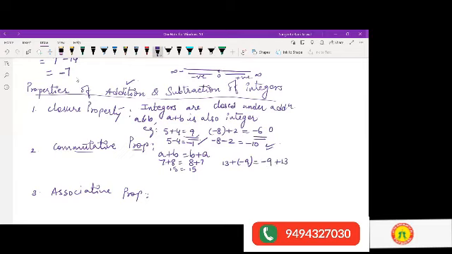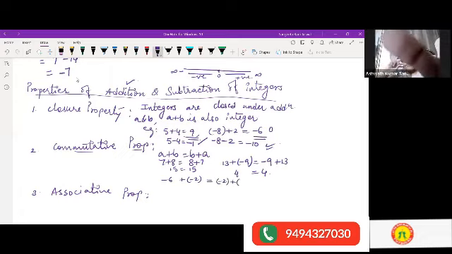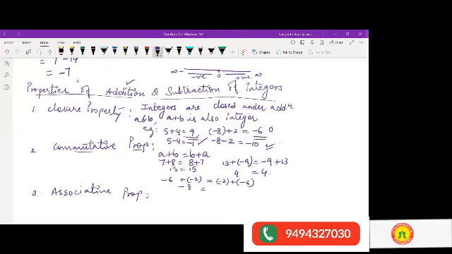This gives you 4 and 4, so the answer remains the same. Similarly, you can have minus 6 plus minus 2, and on the other side, minus 2 plus minus 6.